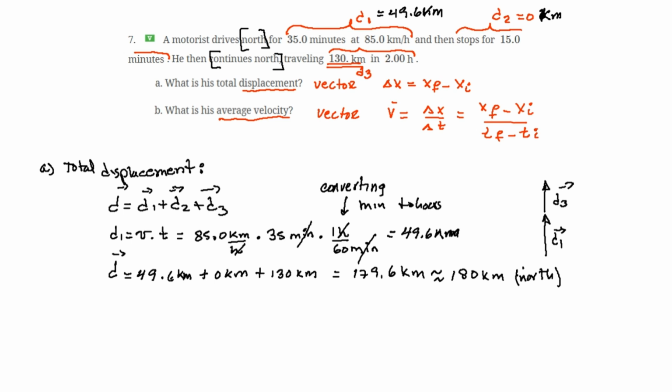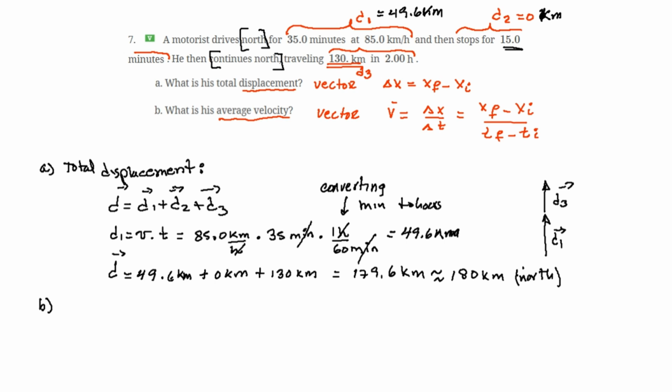Now, this is the total displacement. How do you calculate now the average velocity? So remember what we said. The average velocity is the total displacement, or the variation in position, which is the displacement, delta x, over the variation of time. Now, in this case, we have to consider also the 15 minutes the guy was resting.